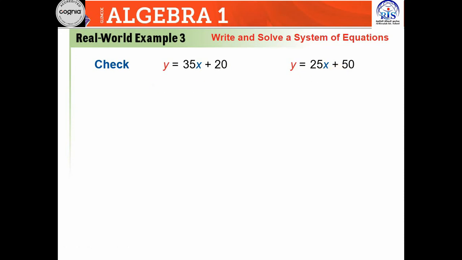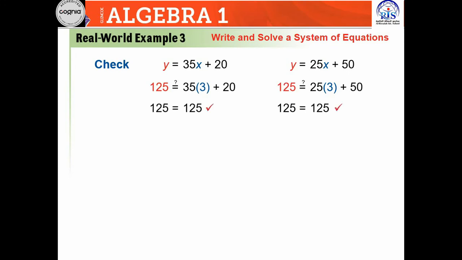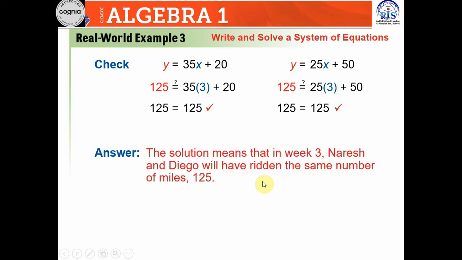After you solve it, you get that they will meet in week 3. You see here, x equals 3, x equals 3. This means in week 3, they will have the same distance. The solution means that in week 3, Naresh and Diego will have ridden the same number of miles, which is 125.